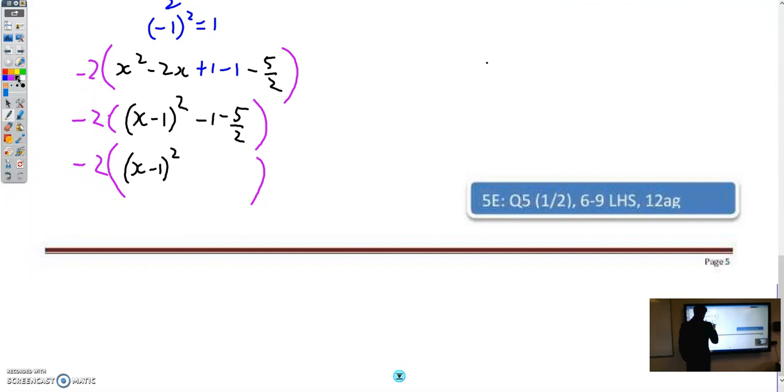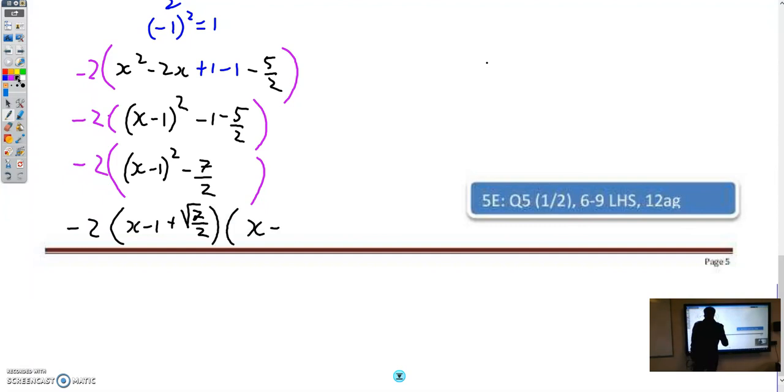Minus 1 minus 5 on 2 is the same as minus 2 on 2 minus 5 on 2, so we'll have minus 7 on 2. When we use DOPS, we'll have minus 2 outside of x minus 1 plus root 7 on 2, x minus 1 minus root 7 on 2.